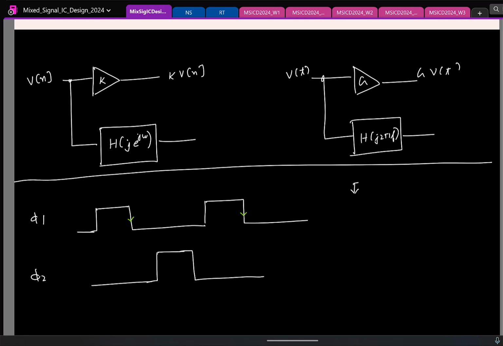That's the convention we'll follow throughout to be consistent. Let us say this instant is n times Ts. Any signal v of t sampled at this clock edge will be defined as v of n.